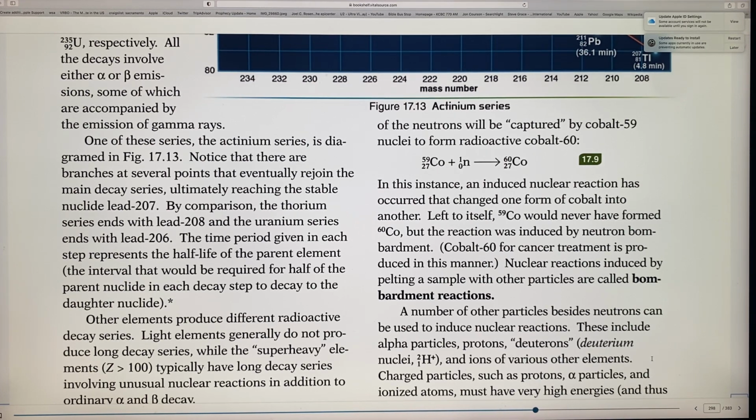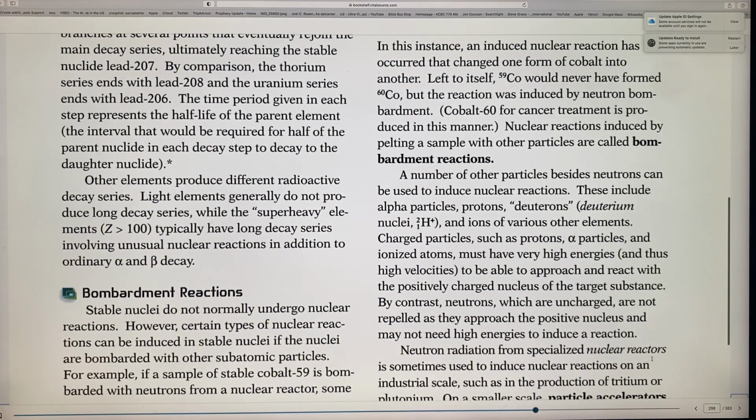There are other particles besides neutrons, and I'm going to name some of these particles. A number of other particles besides neutrons can be used to induce nuclear reactions, and these include deuterons, which are deuterium nuclei, which are hydrogen with a proton and a neutron, two atomic weights, and ions of various other elements.